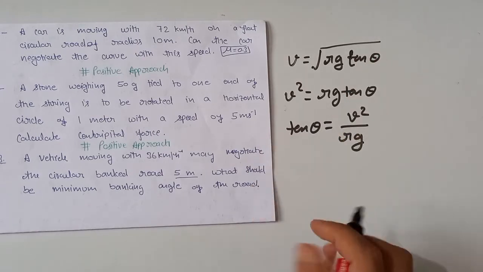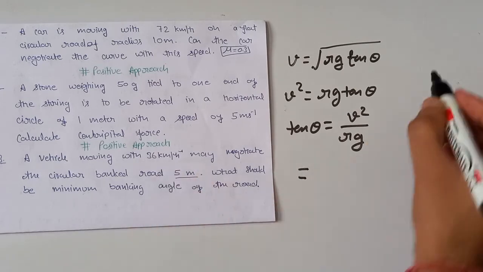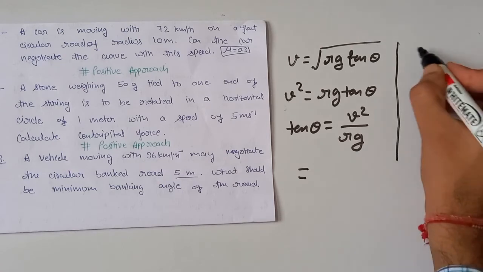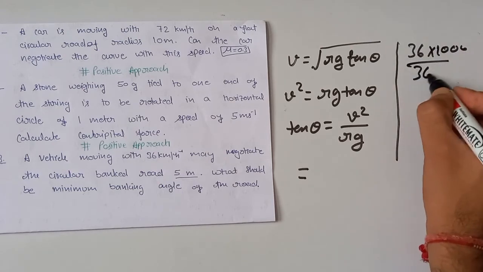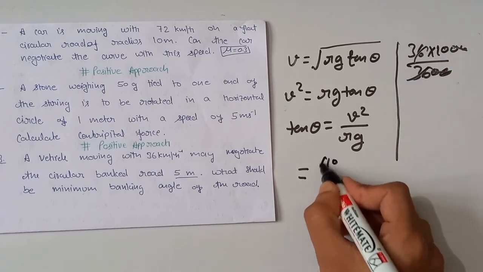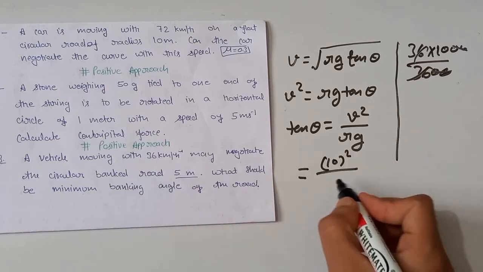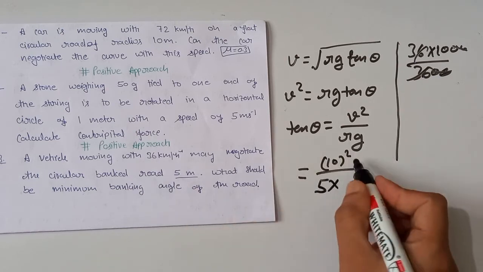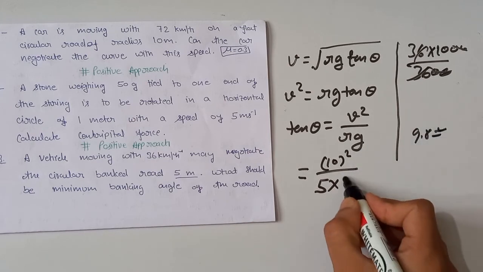I hope this is clear to you. Now substituting the values: V is 36 km per hour. We have to convert this into meter per second. 36 into 1000 divided by 3600 is equal to 10 meter per second. So 10 square divided by r, and the radius of the banked road is 5 meter. Take g as 9.8, approximately 10.